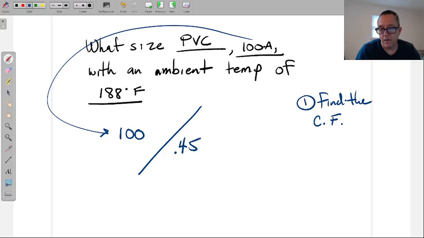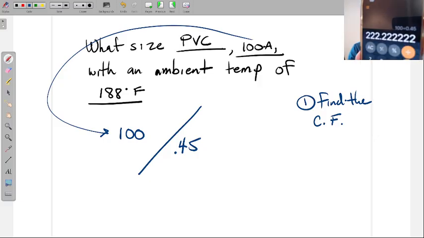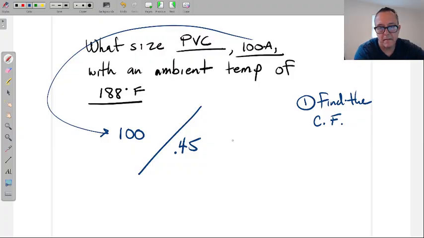Now you divide 100 by 0.45, and it's going to come up with the number 222.22 repeating. I think it might end somewhere, but 222.22 amps.